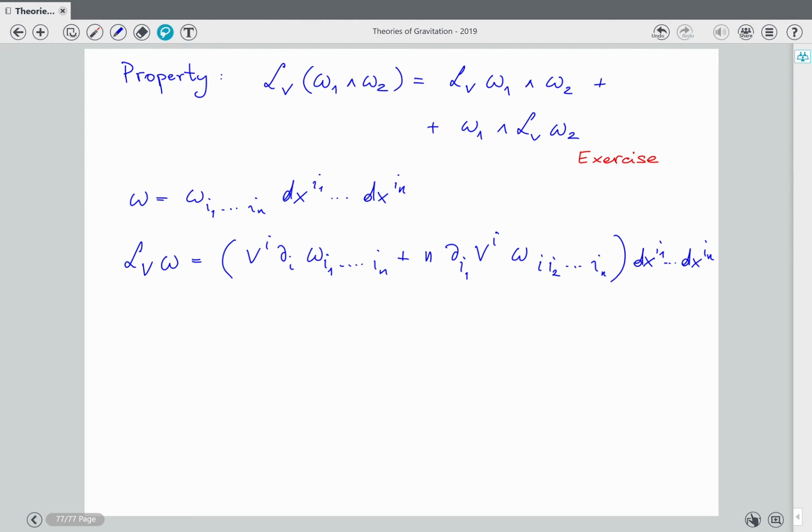And the Lie derivative of a vector field, you can also define the Lie derivative of a vector field.